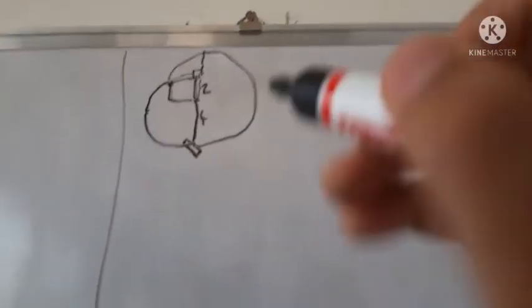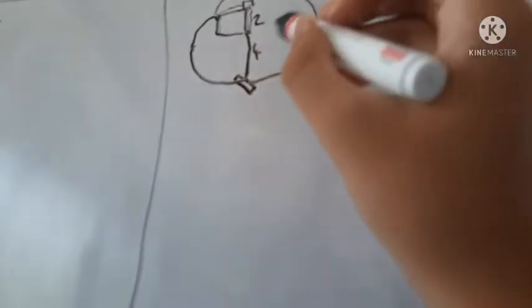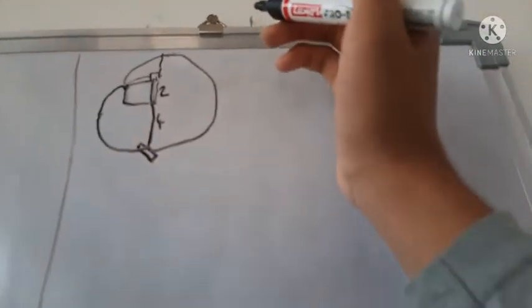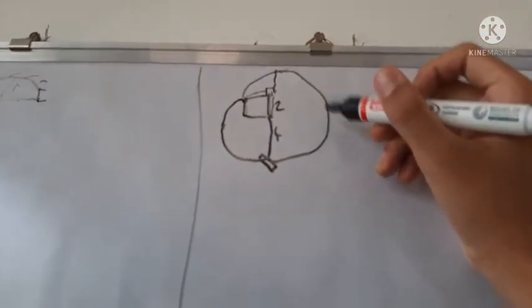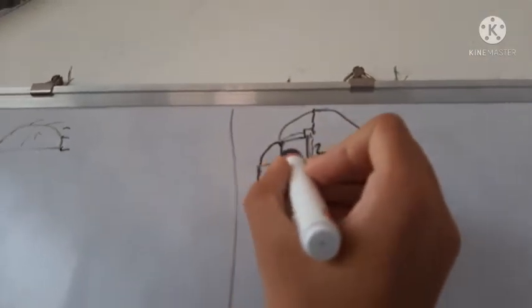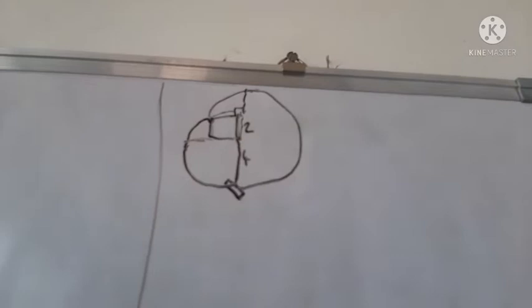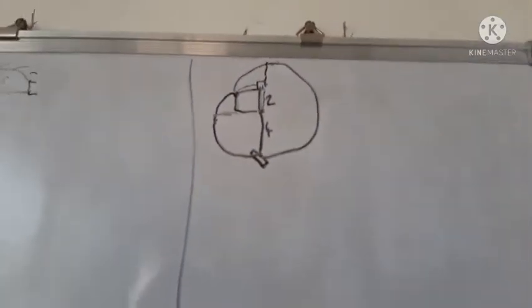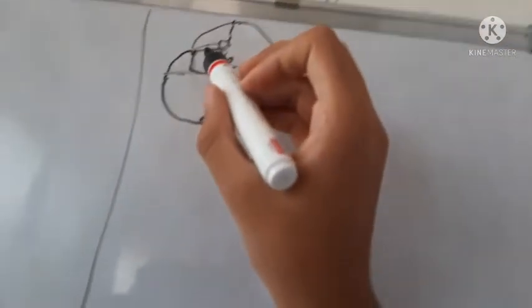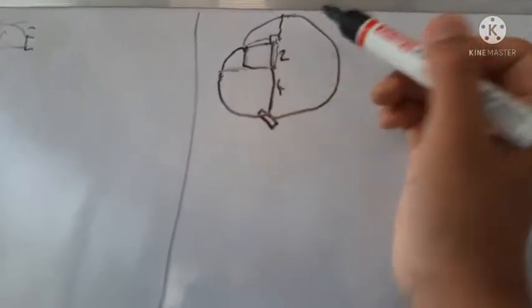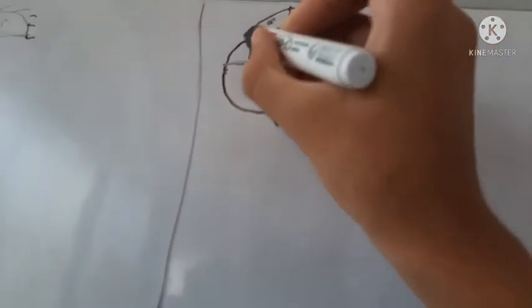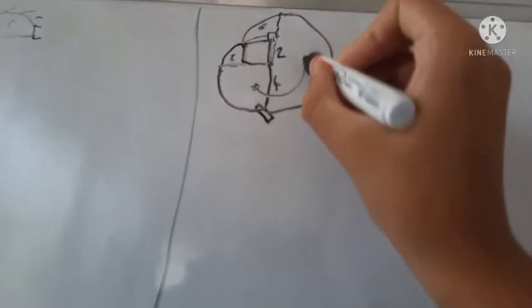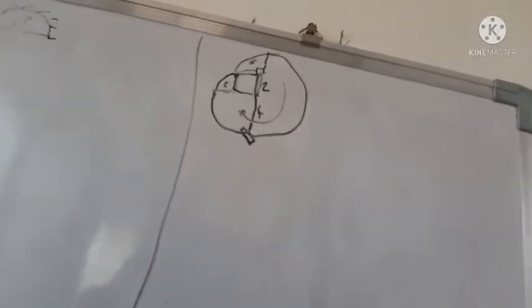So up to here we can say that it's 3 pi over 2 radians. And then from here we have another arc that extends for pi over 2 radians, again with a radius of 2 inches. So we have these three sectors. This is the first one, this is the second one, and this entire thing is the third one. I think that's the largest area that can be formed.